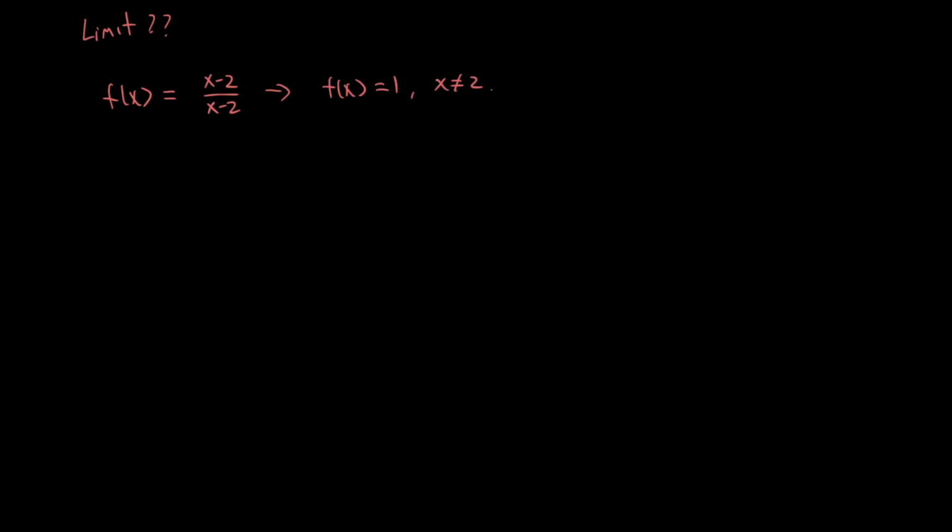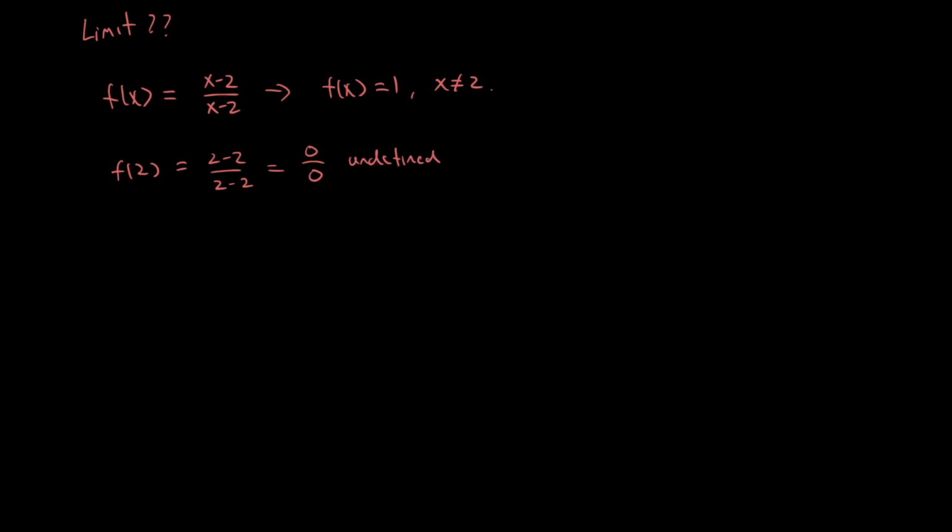Now, if I asked you to evaluate f at 2, you would do (2 - 2) over (2 - 2), which is equal to 0 over 0, which is undefined. So you can't really do that, right?